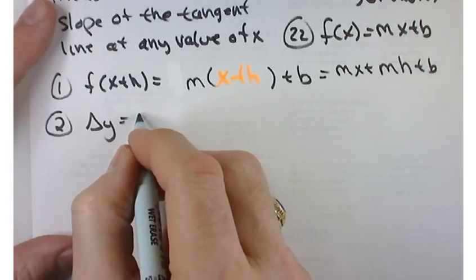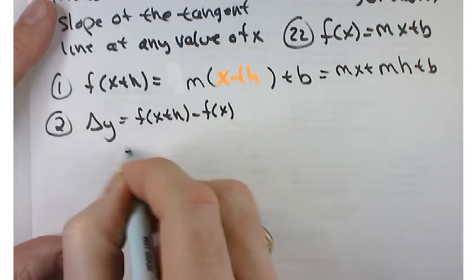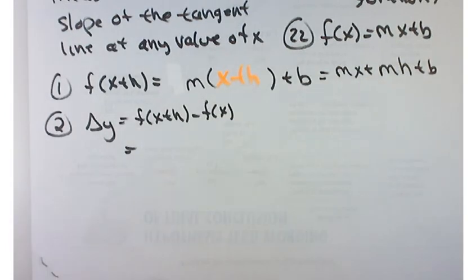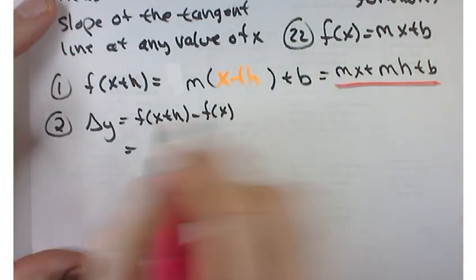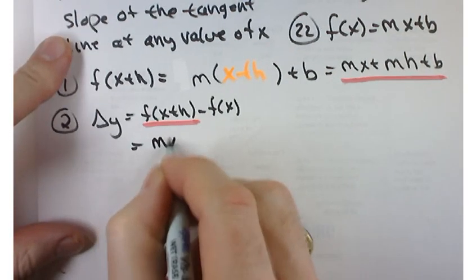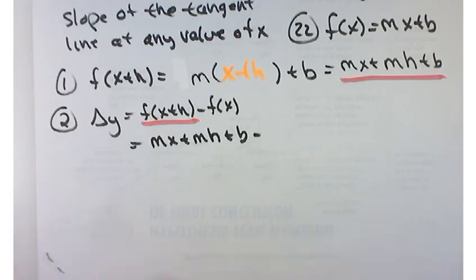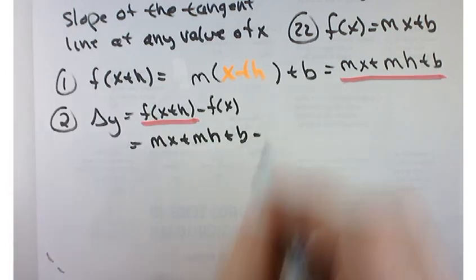Delta y is going to be f of x plus h minus f of x. Well, here's f of x plus h, so I'll put that in: mx plus mh plus b minus f of x.